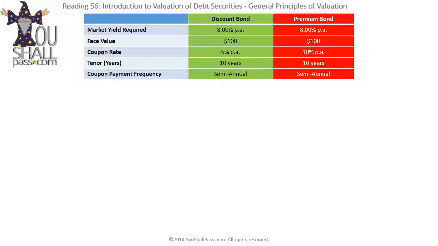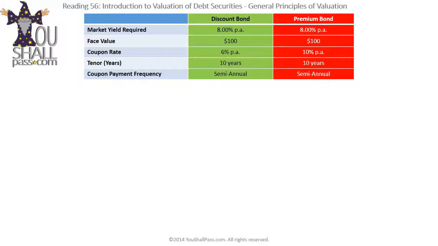So it's consequently very reasonable to assume that the identical YTM or identical discount rate will apply to both. Let's assume that that required YTM is 8%. The only aspect that the bonds are different in is the coupon rate. One bond pays a 10% annual coupon and the other one pays a 6% annual coupon.